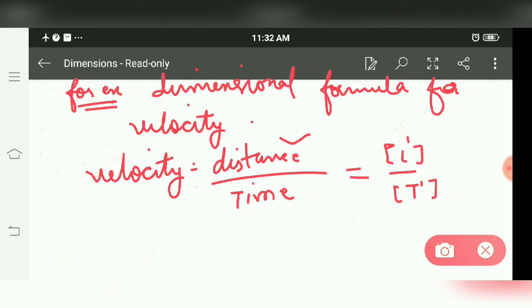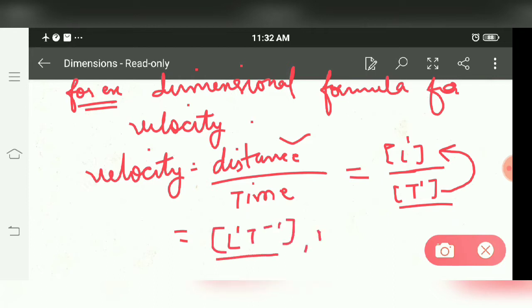When we bring T raised to power 1 from the denominator to the numerator, its power changes to -1. So we get L1 T-1. So this is the dimension of velocity, or we can also write it as M0 L1 T-1. This is also the dimension of velocity.